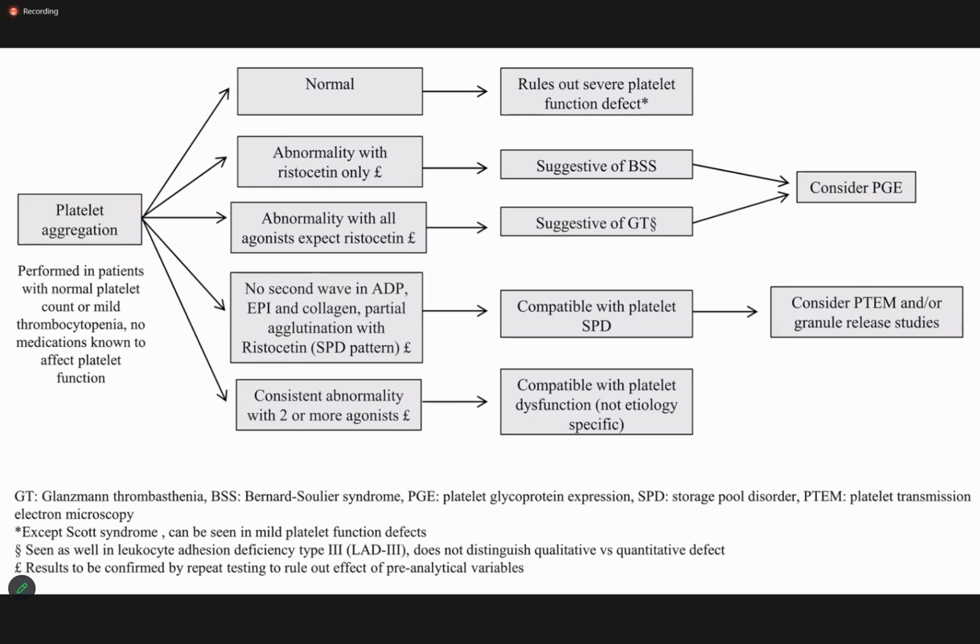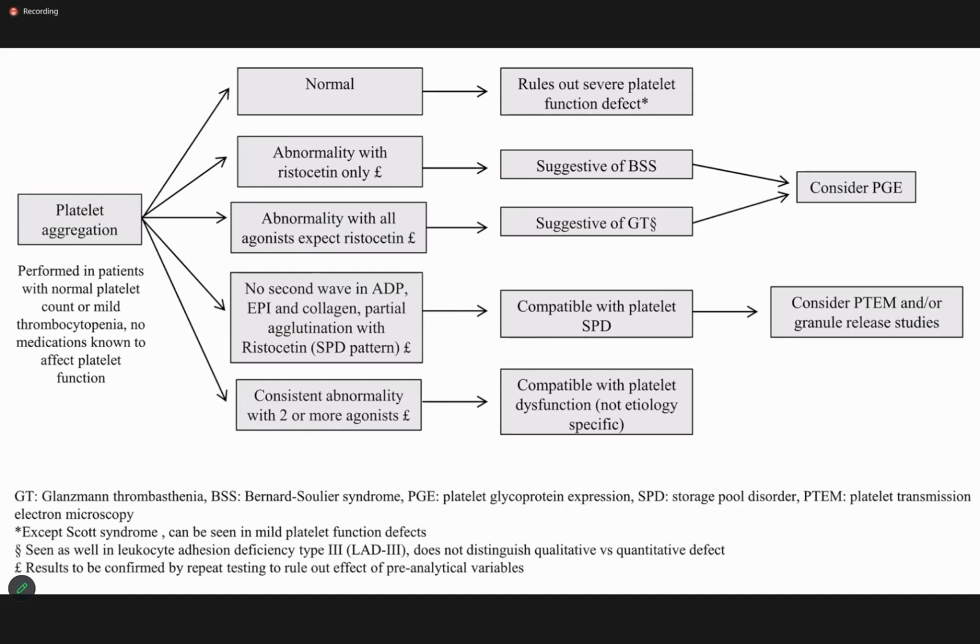For this type of patient, you need to consider doing platelet transmission electron microscopy and or a granule release study. What about if there is a consistent abnormality with 2 or more agonists? It must be compatible with a platelet dysfunction, but the etiology is not specified.